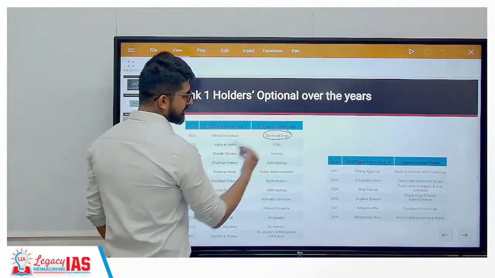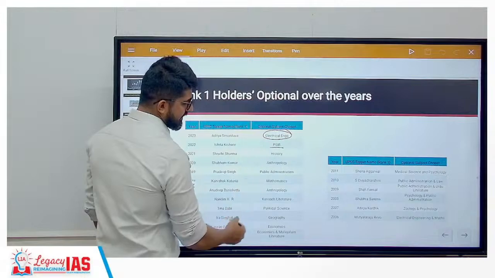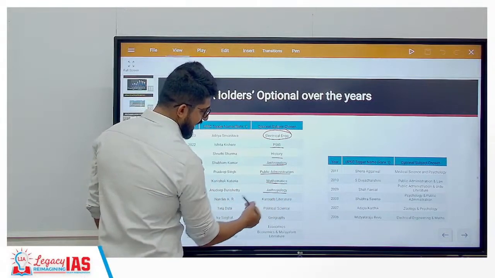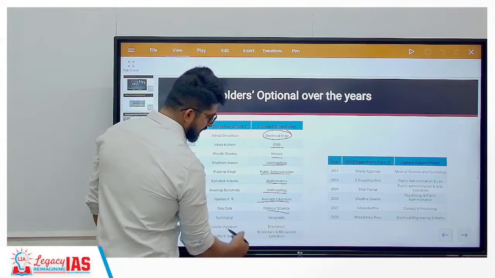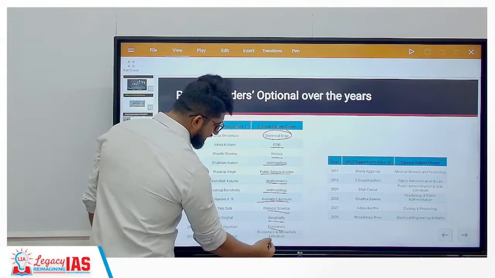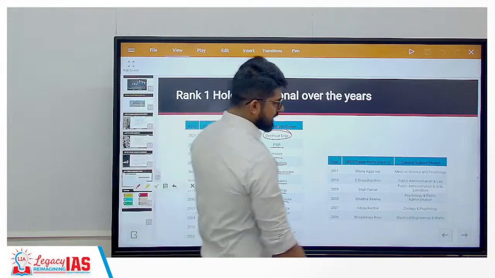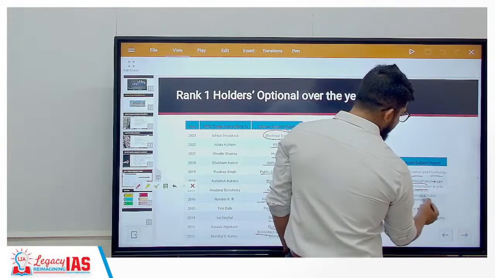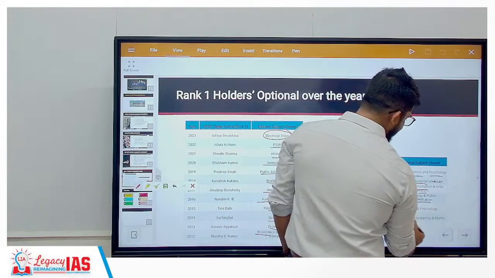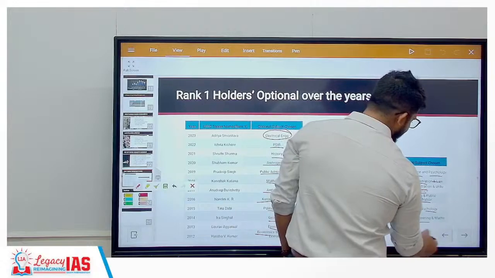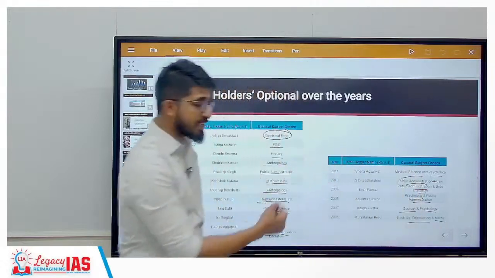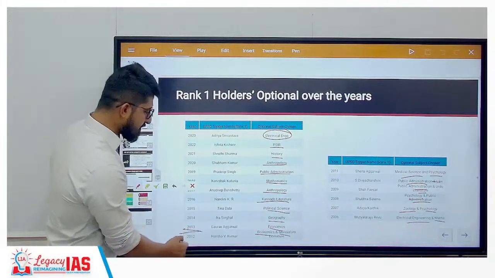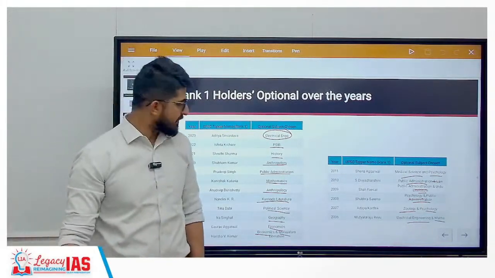Electrical engineering, PSIR, history, anthropology, public administration, mathematics, anthropology, Kannada literature, political science, geography, economics and Malayalam literature, medical science, psychology, public administration, law, public administration, Urdu, psychology, public administration, zoology, psychology, electrical engineering, maths. So this is from 2006 onwards. So you had 2 optionals till almost 2012, right? From 2013, it is only 1 optional.